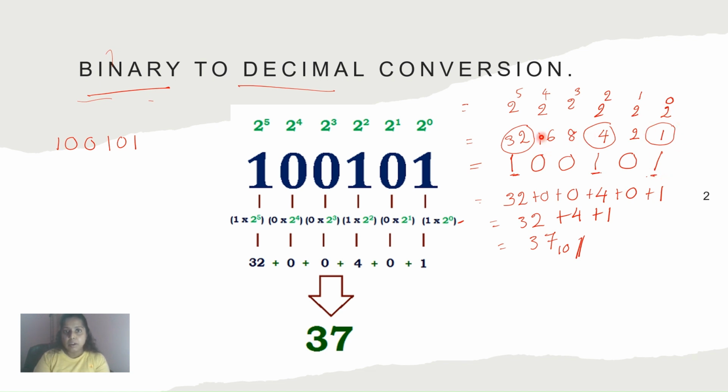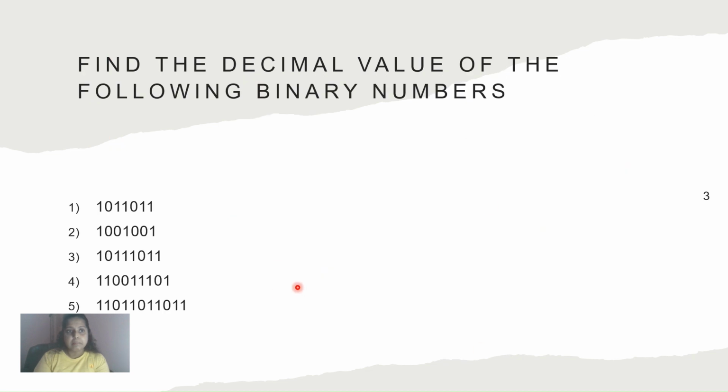Then multiply the place values with the digits: 32 into 1, 32; 16 into 0, 0; 8 into 0, 0; 4 into 1, 4; 2 into 0, 0; 1 into 1, 1. Then add the values and you'll end up with the result 37. Here are some exercises that you can try out.